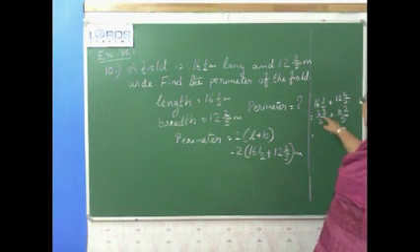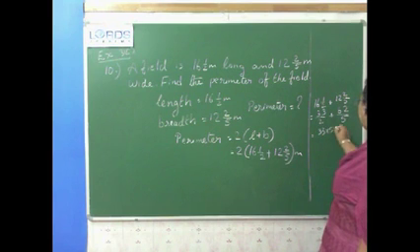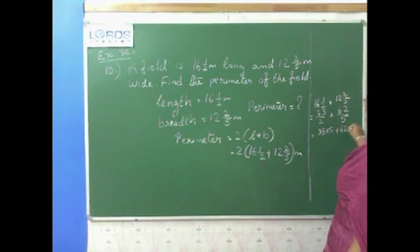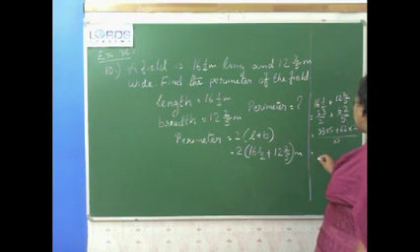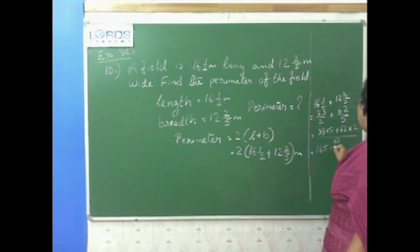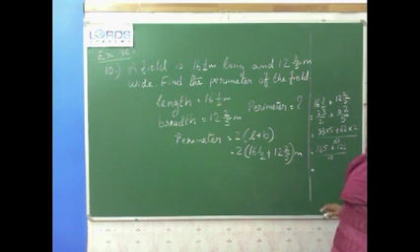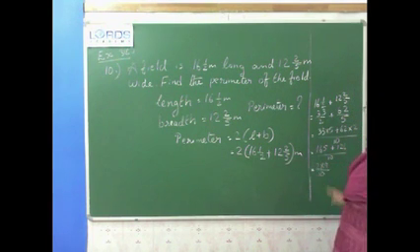So you have to multiply accordingly: 33 multiplied by 5 plus 62 multiplied by 2, by 10. So you will get 165 plus 124 by 10, that is equal to 165 plus 124, which is 289 by 10. So you are getting 289 by 10 here.